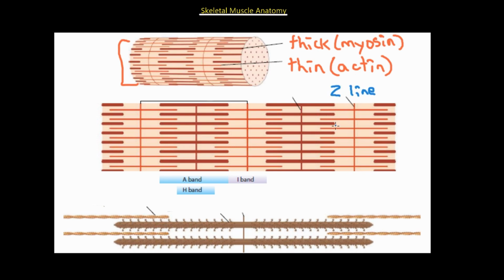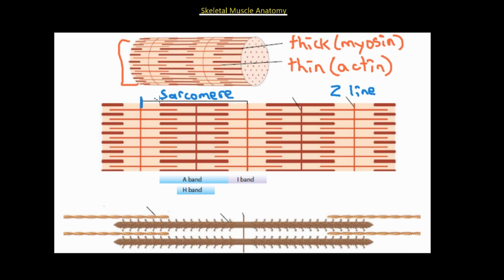The Z line is very important because it is the way we mark the sarcomere. And a sarcomere is a contractile unit. So here it would be labeled as sarcomere.